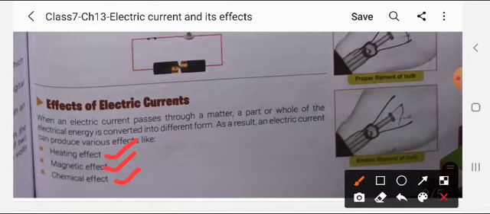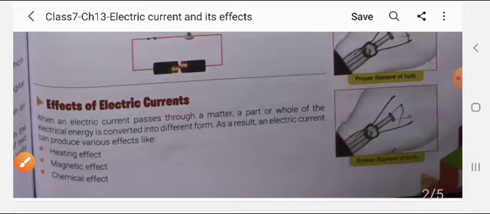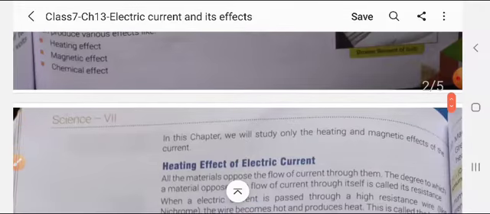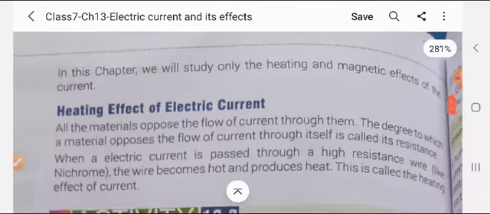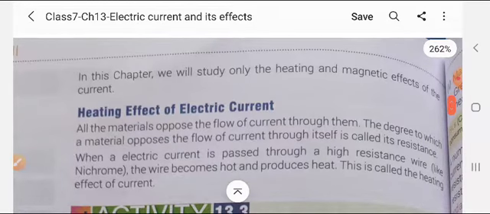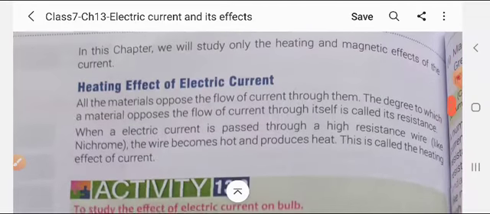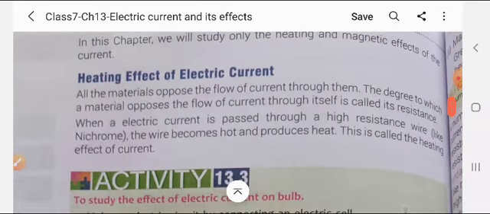In this chapter we will study how the heating and magnetic effects of the current take place. So let's start with the heating effect of electric current.